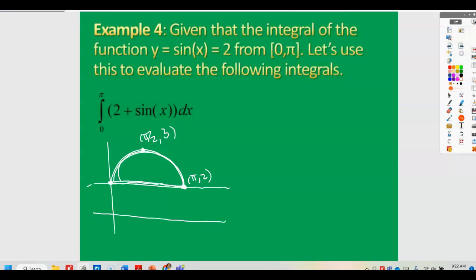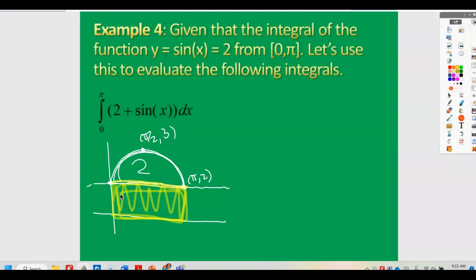It still remains 2. But now, what happened is that the graph got shifted up and created this new area or this new space. So this would be what shape below the shape I already know?